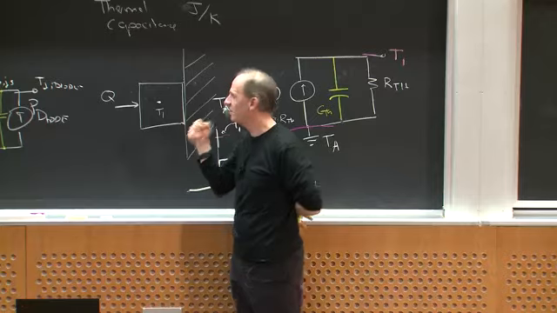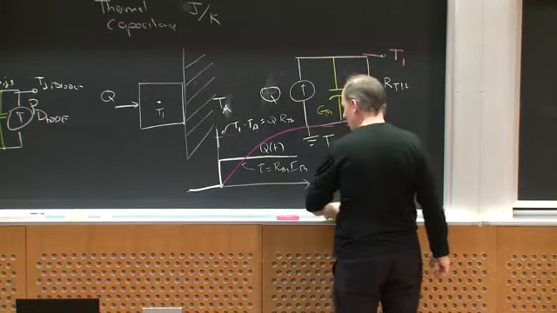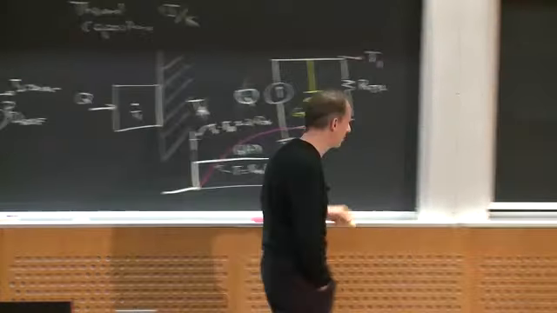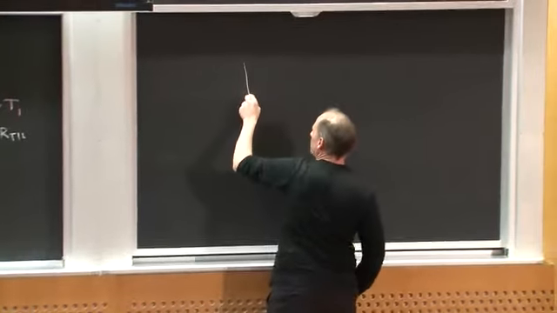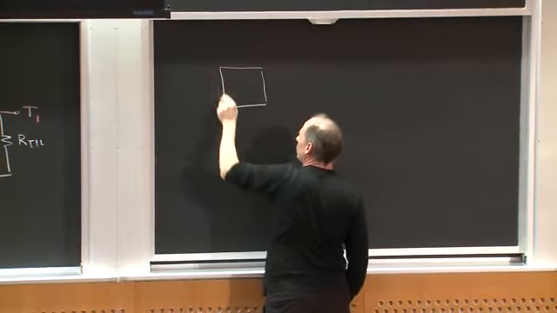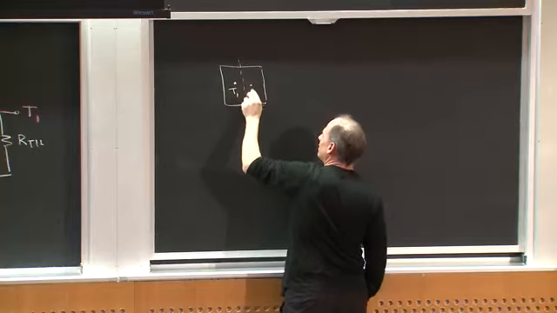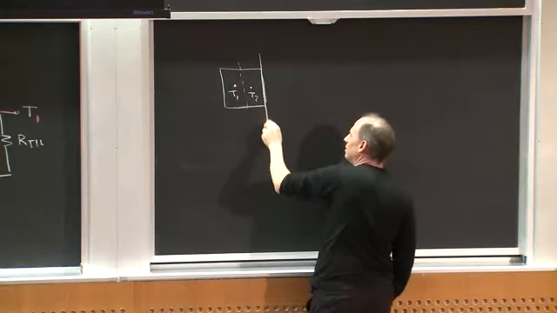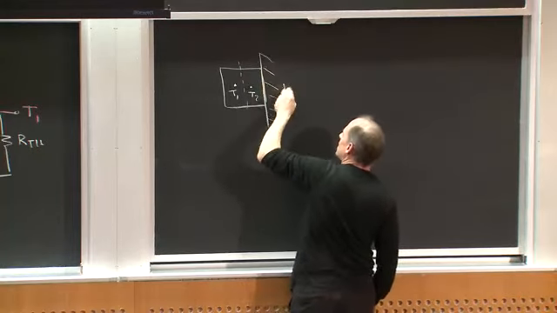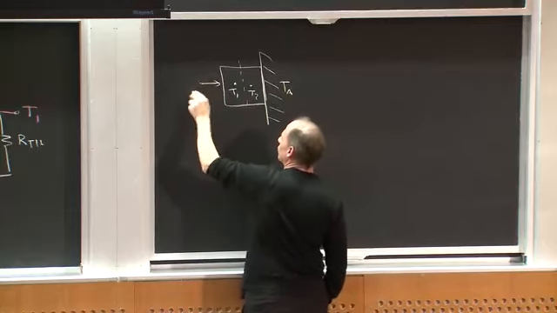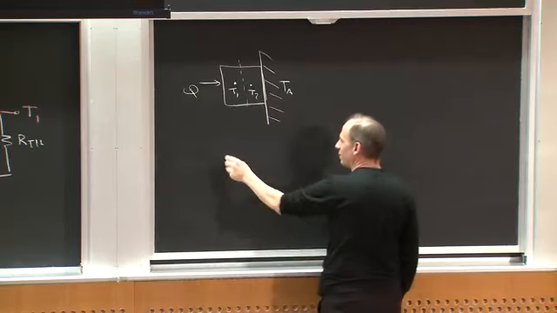If I'm not happy with this model, I can break it up into more lumps. So here's my beast. Let me break this up into T1, T2, here's T ambient, here's Q. And now I have a different thermal model.